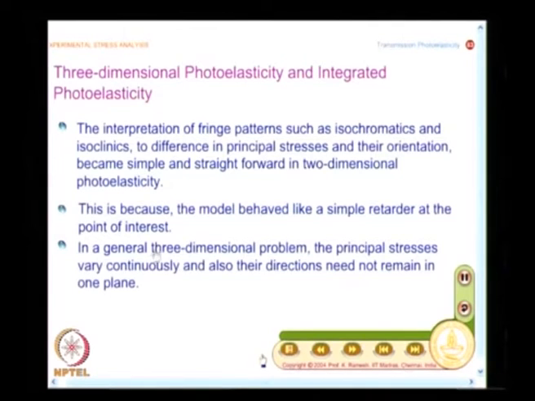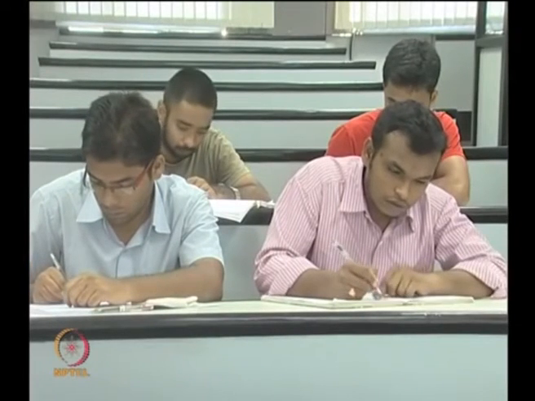On the other hand, if you look at a general three dimensional problem, the principal stresses vary continuously. Not only this, the orientations also vary and they need not remain in one plane. This is a very crucial aspect. Just because of this, the analysis of three dimensional problems becomes extremely complex.